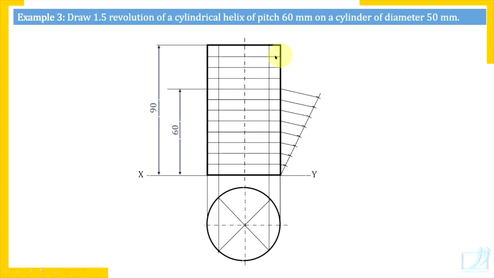And now check where the initial position is. The initial position is not given, so we'll assume it at the bottom and on the extreme left. And the direction of rotation we have assumed is anti-clockwise. If not given, assume anti-clockwise. So it should move on the right side. Where the next horizontal and vertical lines intersect, that is the point. And this is how you start marking the points.